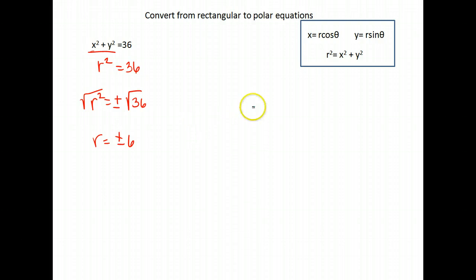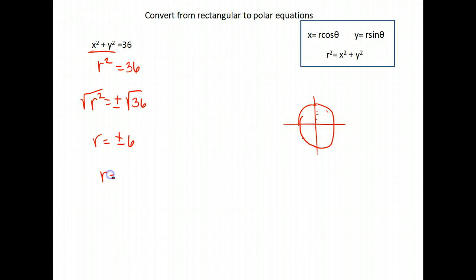Well, remember on a polar graph, r equals 6 would just mean that any angle, I could have any angle, just a radius of 6, so I'm 6 away from the center. Okay, so having r be positive 6 and r being negative 6 is really going to give me the same graph, because negative 6 just means I go 6 in the opposite direction, which would give me actually both halves of the circle.